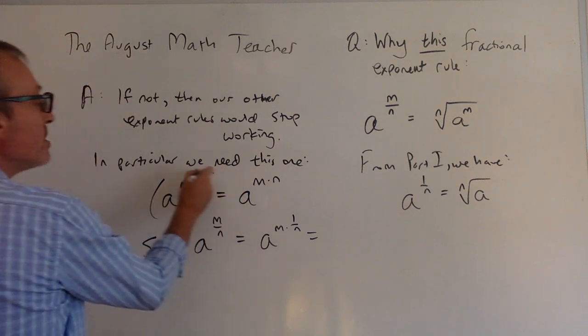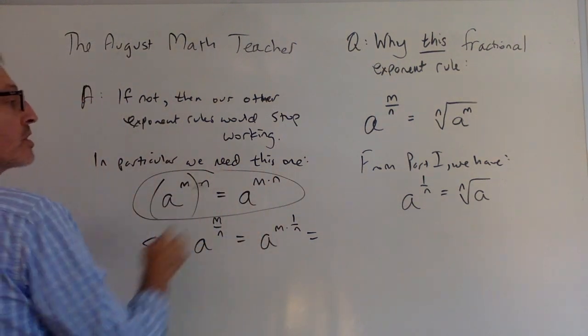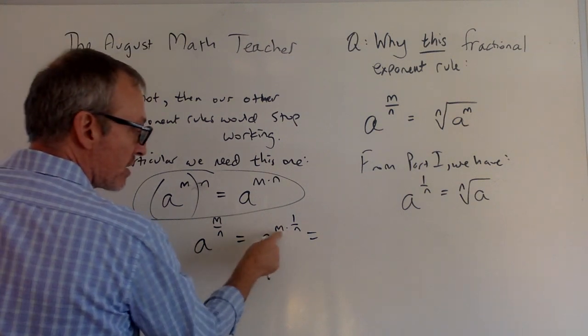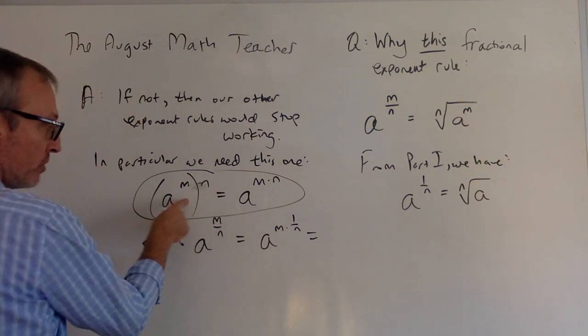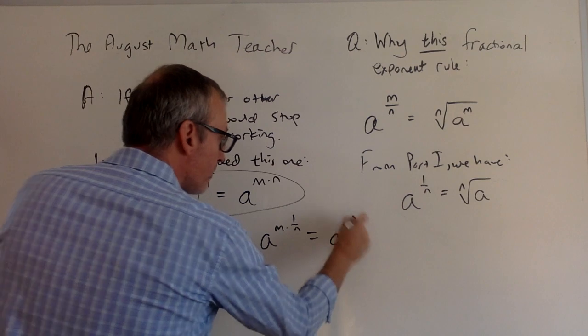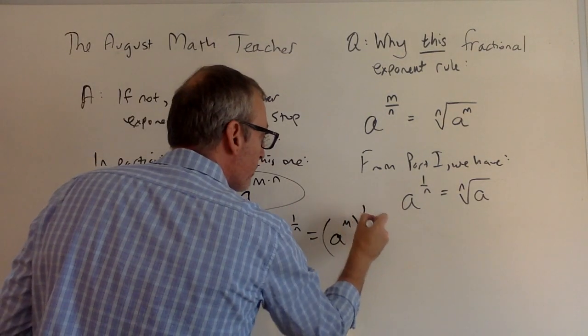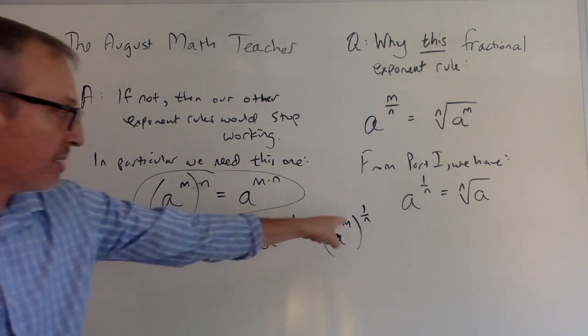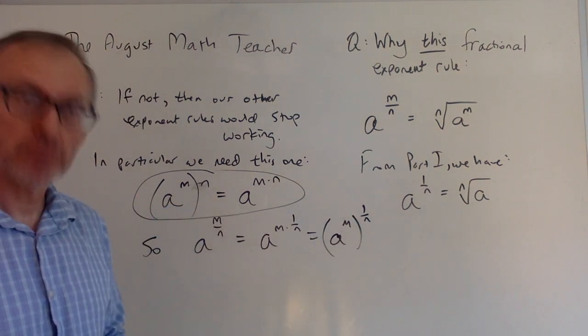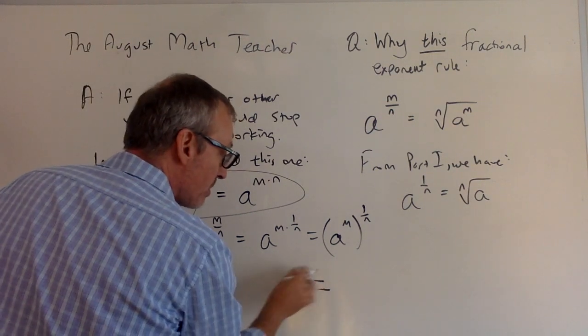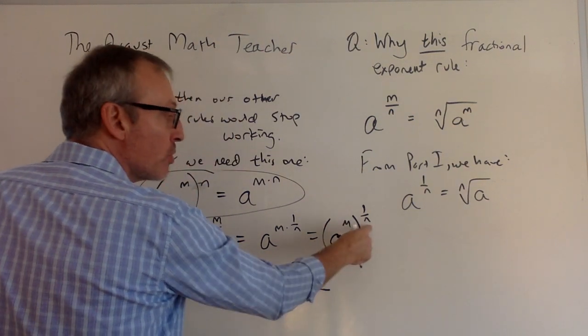But from this rule, I want you to think about that as being like this. If you have a to a product of numbers, it's supposed to be equal to a to that first number in parentheses to the power of that second number. A to the m to the power of 1 over n. Okay. Well, now think about what this has to be equal to. This is a number to the 1 over n.